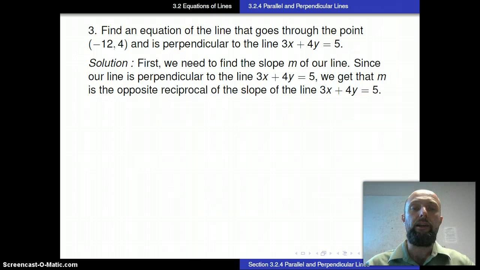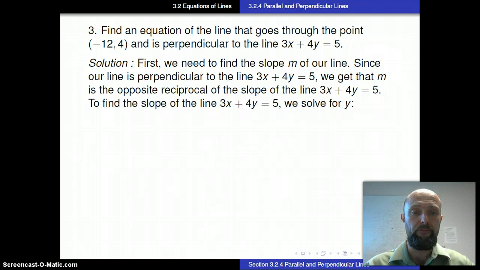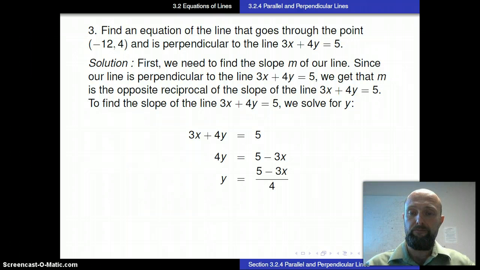Since our line is perpendicular to the line 3x plus 4y is 5, we get that m is the opposite reciprocal of the slope of the line 3x plus 4y is 5. To find the slope of the line 3x plus 4y is equal to 5, we solve for y. We subtract 3x from both sides and divide both sides by 4.